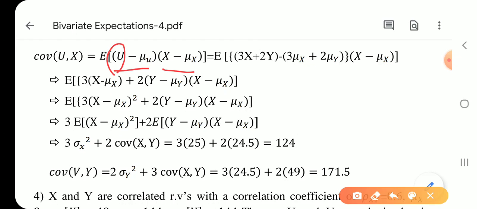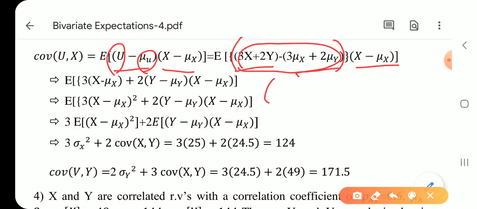The value of u is 3x plus 2y. The value of mu u is 3 mu x plus 2 mu y, into x minus mu x, I have written as it is. Now let us first solve these two.